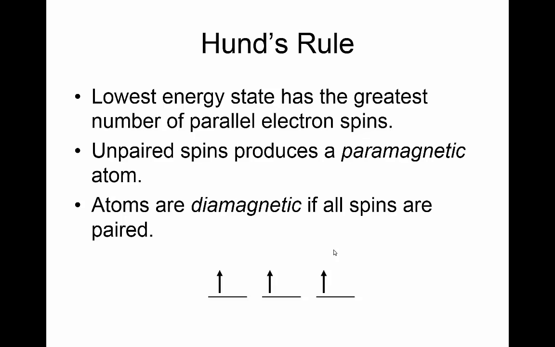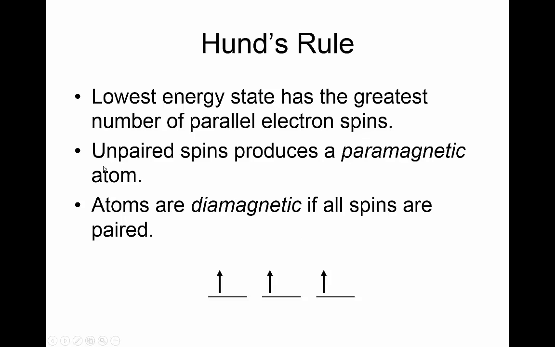Finally, our third rule is Hund's rule. So Hund said that the lowest energy state of an atom has the greatest number of parallel electron spins. So what does parallel electron spin mean? It means that they are all in the same direction. So the electrons are all spinning in the same way to give, say, all up arrows, or all down arrows. So the more of those that you can have, the better.